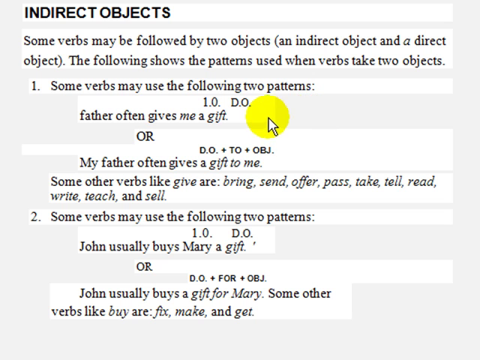As you can see here in our illustration, we have the sentence, "Father often gives me a gift," indicating that me is an indirect object and gift is a direct object.